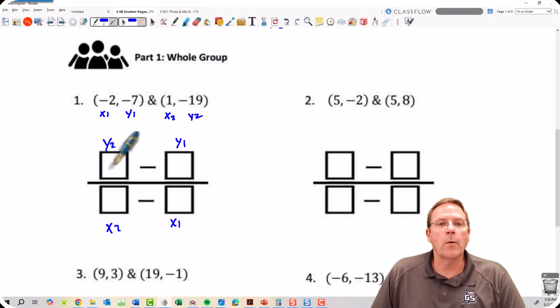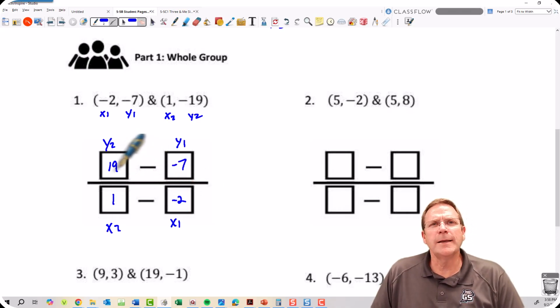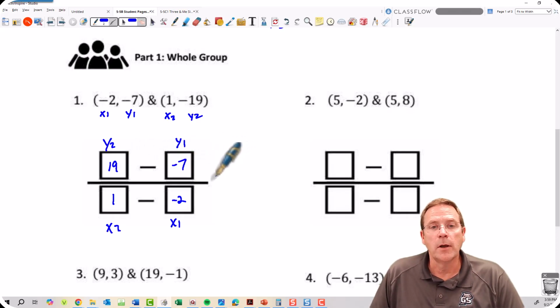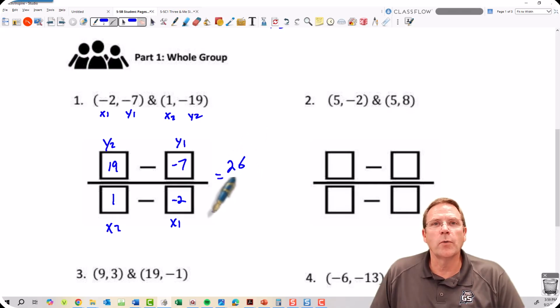So that means my y2 is 19, my y1 is going to be a negative 7, my x2 is 1, my x1 is a negative 2. So we have 19 minus a negative 7, that's the same thing as a negative times a negative, so plus, so that's 19 plus 7, which is going to equal 26.